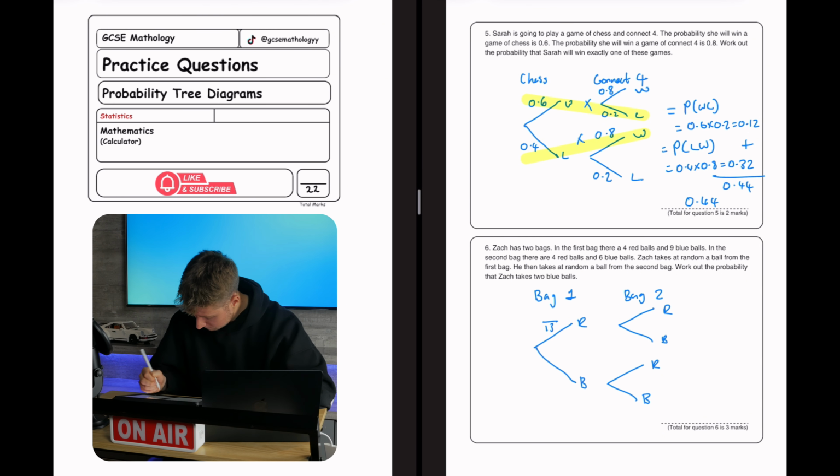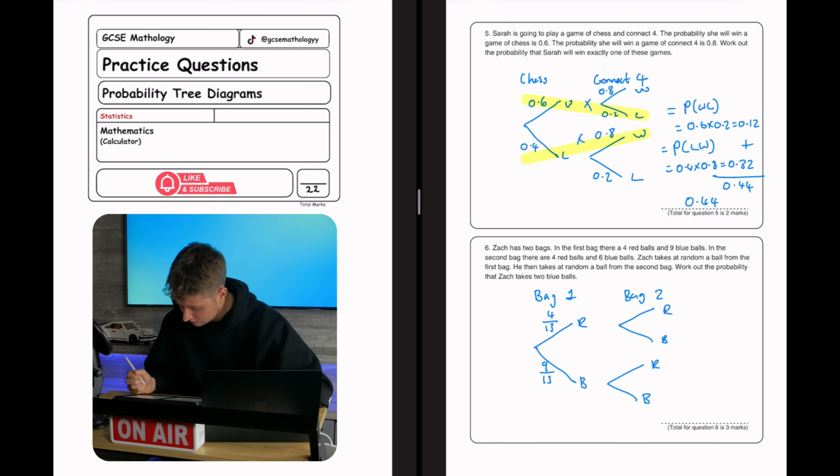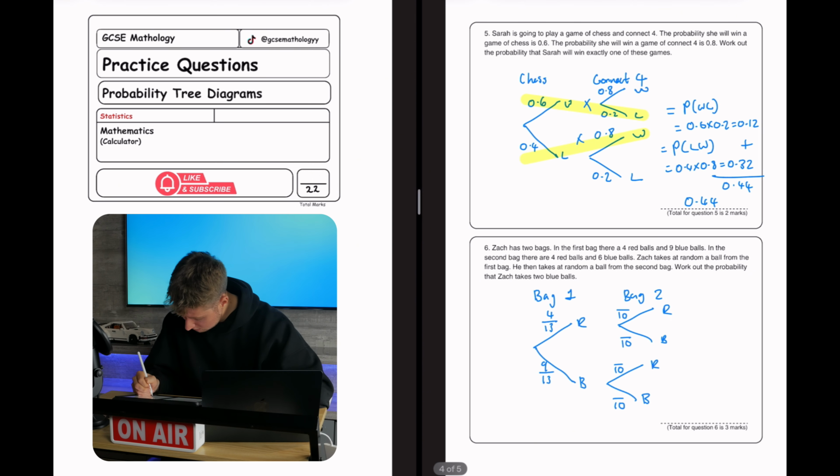So every probability for the first bag is out of 13. We've got 4 reds and then 9 blues. So for bag 2, there are 4 red balls and 6 blue balls. So that means our probabilities are out of 10. Now there are 4 reds, so it's going to be 4 out of 10 and then 6 out of 10.